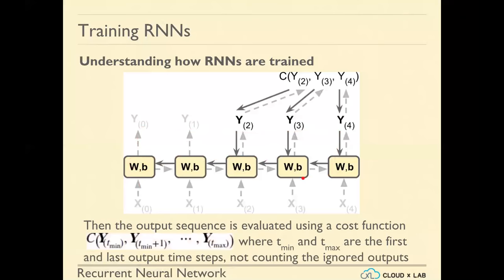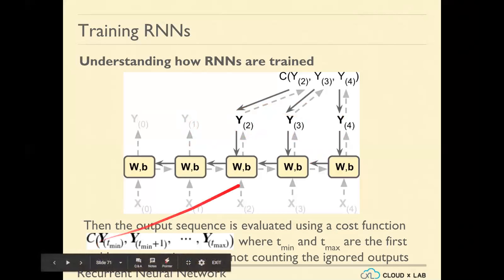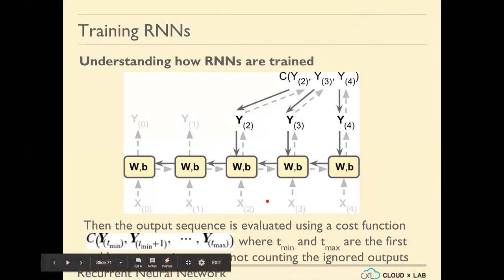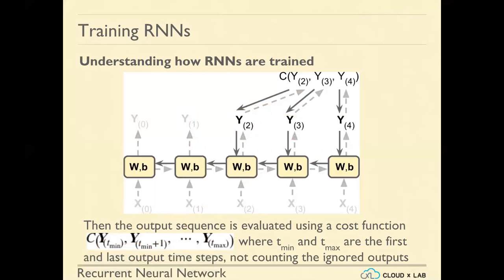Now, the output sequence of this network, let's say we are ignoring these outputs and only consuming these outputs. The output sequence is evaluated using a cost function called C. C is a function of the outputs over a time window from t min up to t max, where t min and t max are the first and the last output time steps, not counting the ignored outputs. So imagine that we are only counting a certain window.